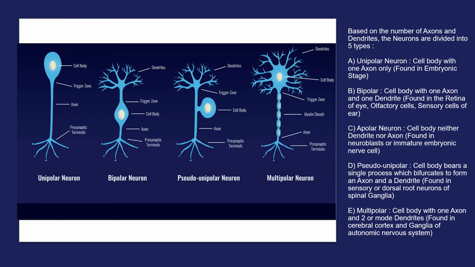Mainly this kind of pseudo-unipolar neuron is found in sensory or dorsal root neurons of spinal ganglia. Last is multipolar neuron, cell body with one axon and two or more dendrites, mainly found in cerebral cortex and ganglia of autonomic nervous system.